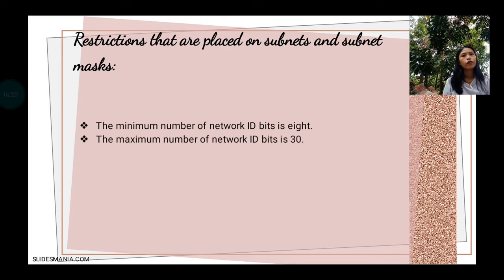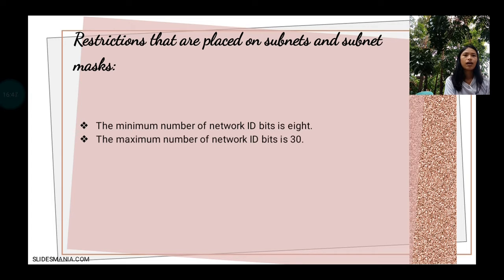If you use all 32 bits for the network ID, that leaves no bits for the host ID. So obviously, that won't work. Leaving just 1 bit for the host ID won't work either, because a host ID of all ones is reserved for a broadcast address, and all zeros refers to the network itself.